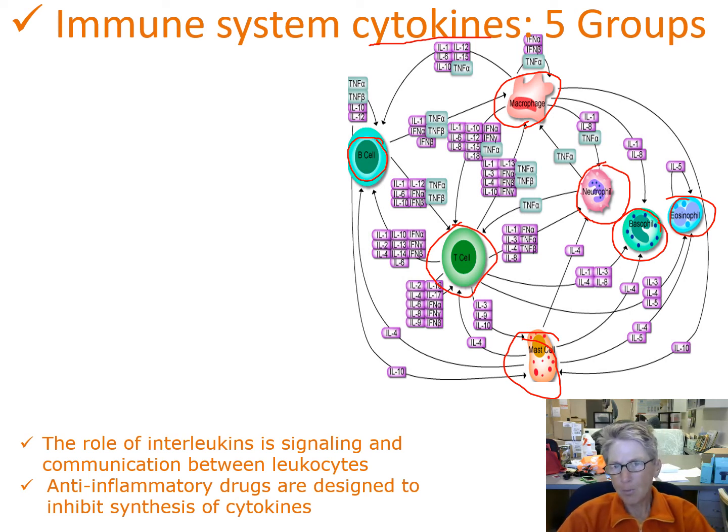So, for example, in this cartoon, the macrophage can communicate with this neutrophil with interleukin 1, interleukin 8, and tumor necrosis factor alpha. And then the neutrophil can communicate back to the macrophage with tumor necrosis factor alpha, or TNF alpha.